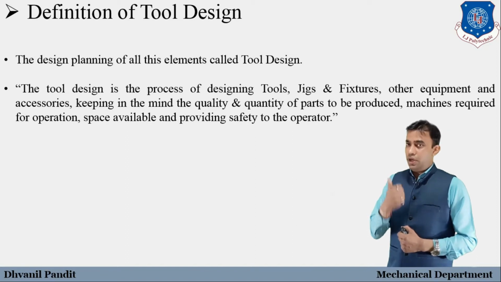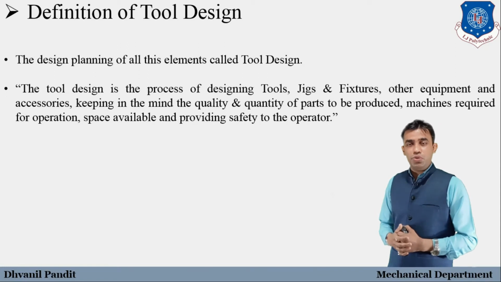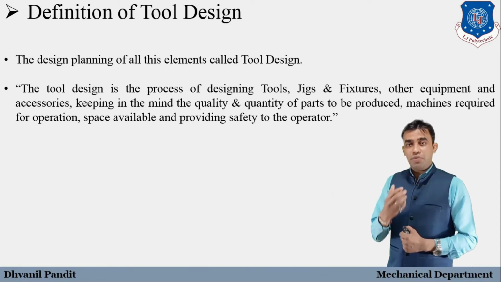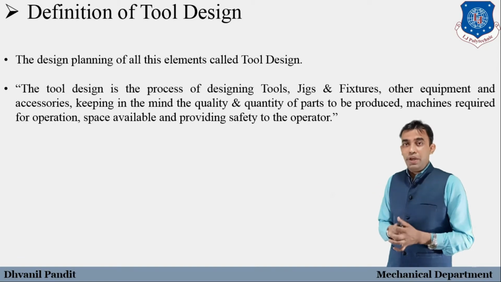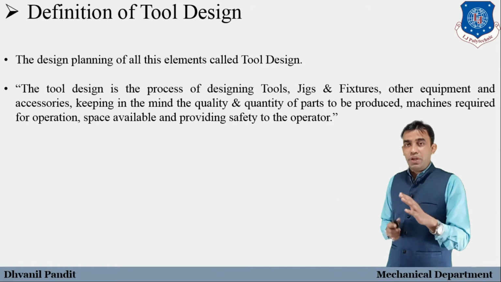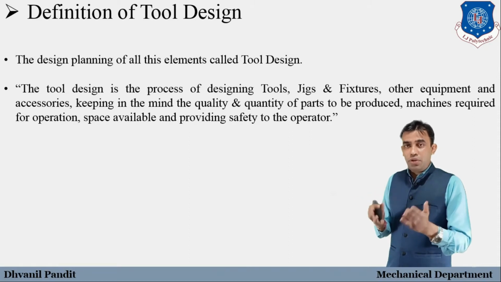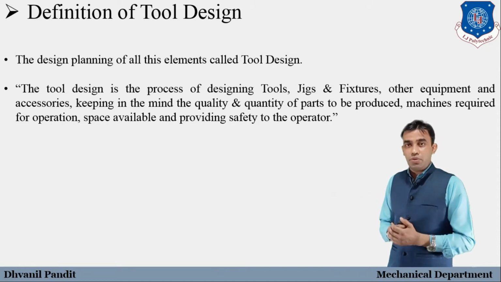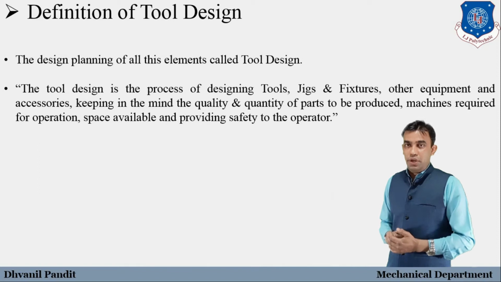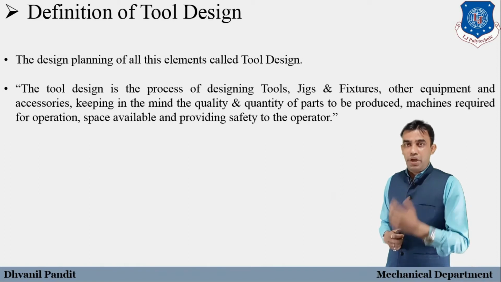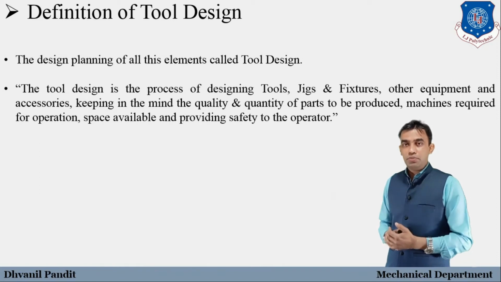One more aspect is the space availability in the industry. Space is one of the very important criteria nowadays. As per the space availability, we can design a plant layout, product layout or a process layout. And also providing safety aspects and safety parameters to the operator.